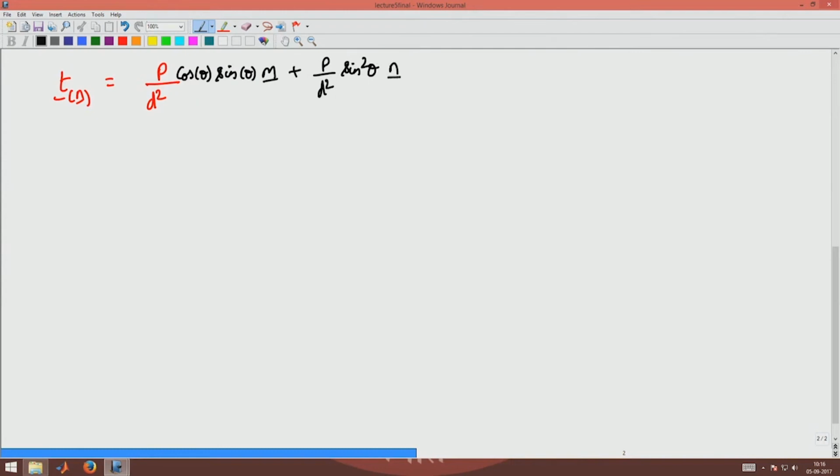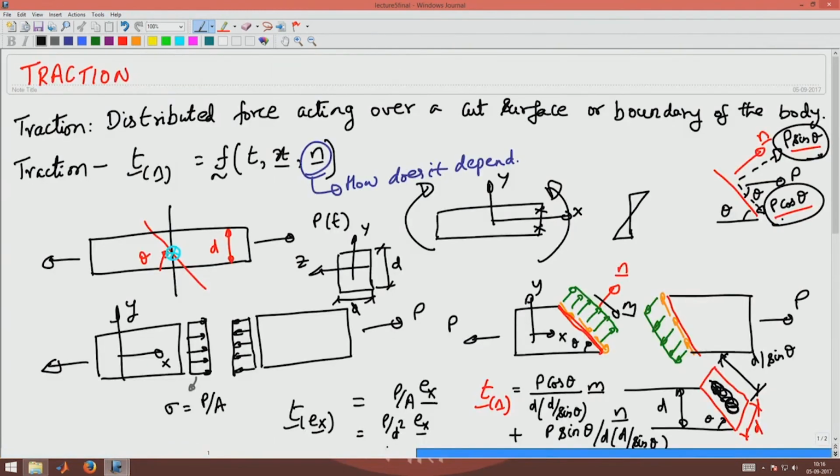Okay. Now I want to convert this back into the Ex, Ey, Ez coordinate system. So what is Ex in terms of n and m? Ex is this direction. How can I write Ex in terms of m and n? If this is theta, Ex would be cos theta into m plus sin theta into n.